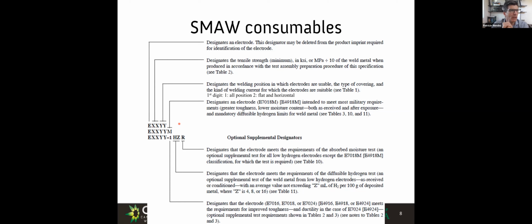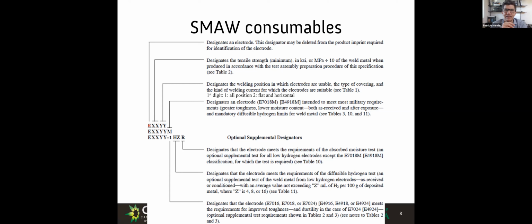Stick welding. In stick welding, the naming starts with E, which is electrode, right? And funny enough, for MIG, we make a difference between electrode, that means it comes in a roll, and rod, ER, and rod that is a finite length.